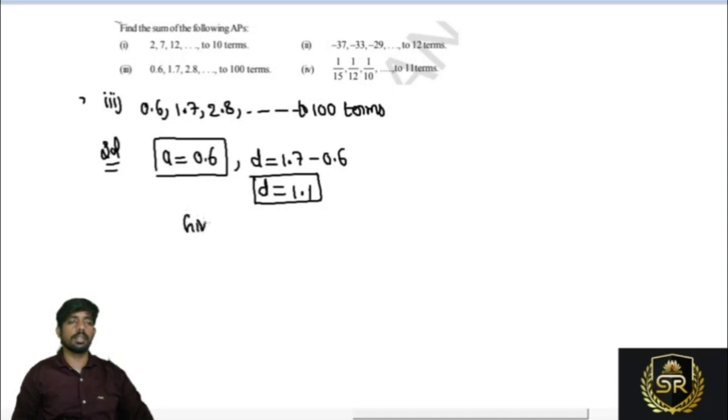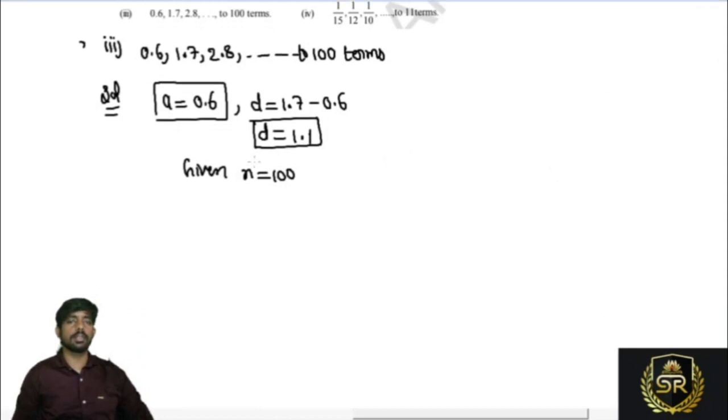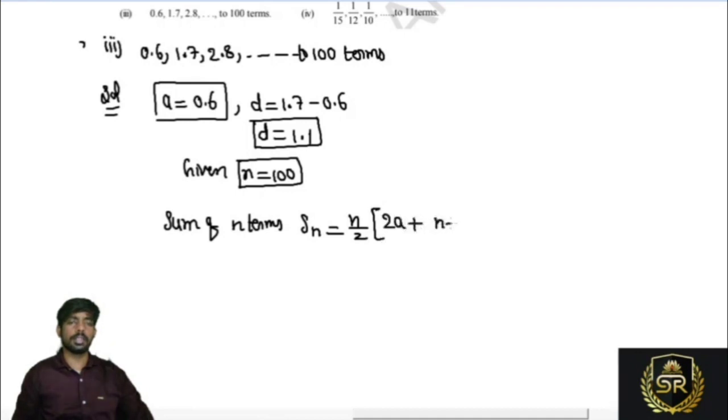n is the number of terms, and 100 terms are given, so n is equal to 100. Since d and a are given, we use the sum of n terms: Sn is equal to n by 2 into 2a plus n minus 1 into d.